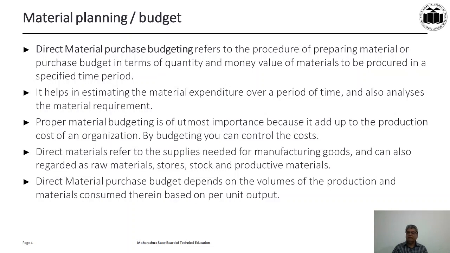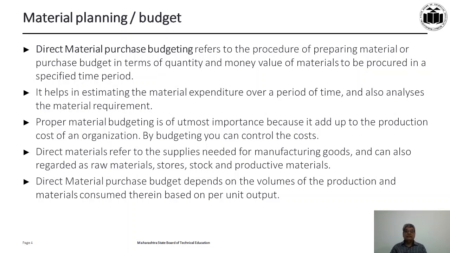So very simple, you can understand this. You decide on the volume of the production, and from that you can decide on the quantity to be purchased. Secondly and very importantly, it depends on the material consumed therein based on per unit output.